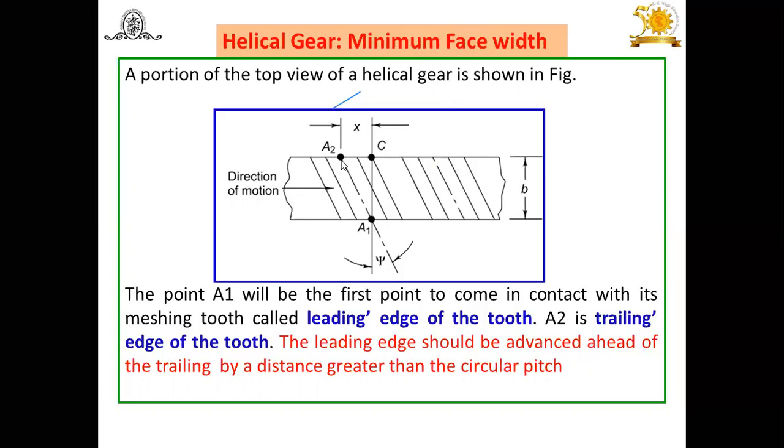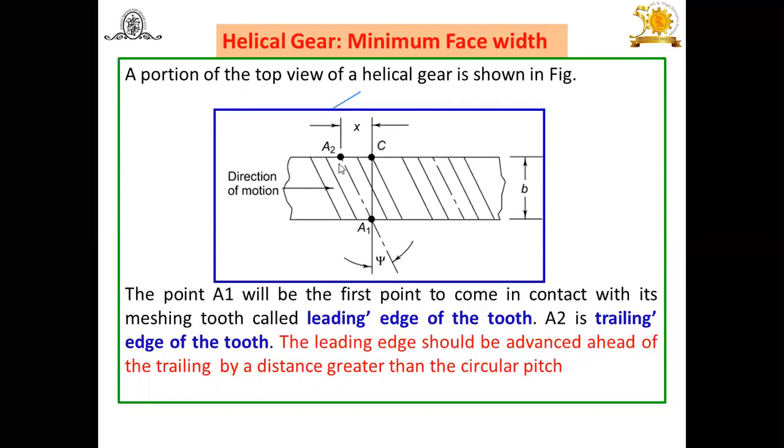As you already studied in theory of machine, A1 is the first point which comes in contact with the meshing tooth on the other gear, and this point or edge is known as the leading edge. A2 will be the last point coming in contact with the meshing tooth of the other gear, and this is known as the trailing edge. Try to understand: A1 is the leading edge point, and A2 is the trailing edge. Already you studied this in theory of machine.